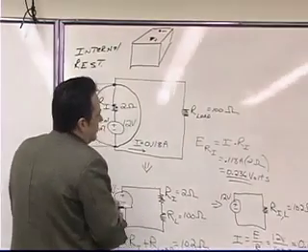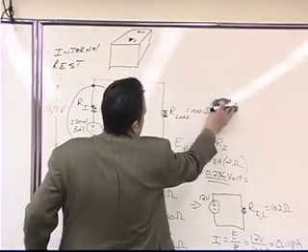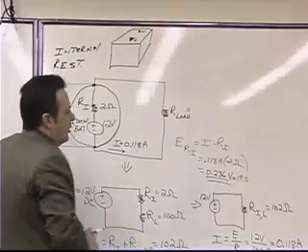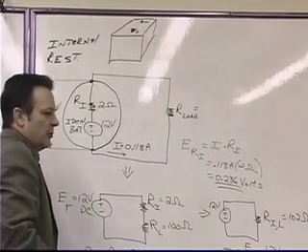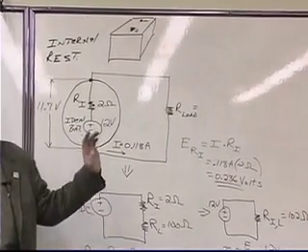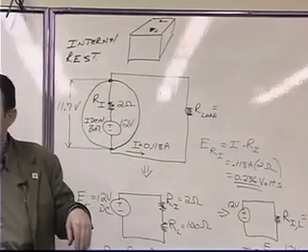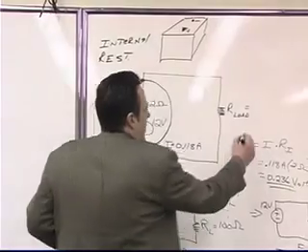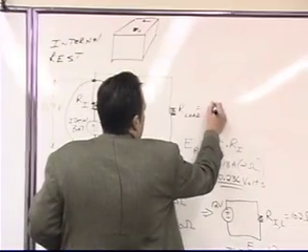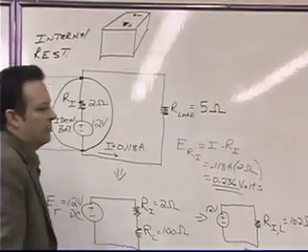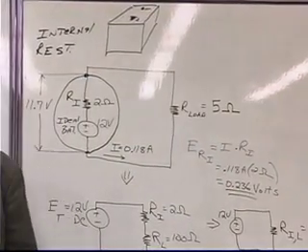So what we're going to do is, since we know that as we add more and more hair dryers, the total load resistance gets lower and lower, right? So at some point, if we added enough hair dryers, we could get a load resistance of approximately 5 ohms, right?